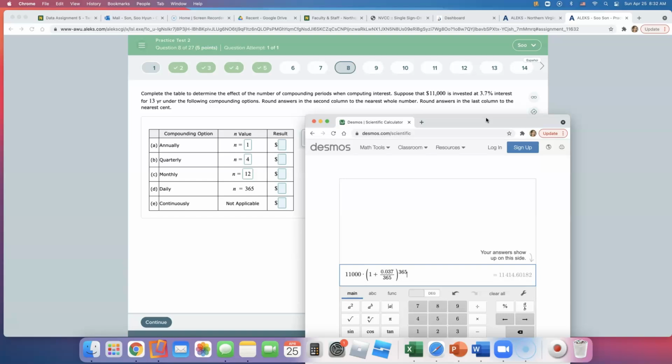That has to be in a parenthesis on its own, times how long is this investment going to last? 13 years. So that's it for daily, 365. So this is the answer. I'm going to go ahead and type this for the daily.